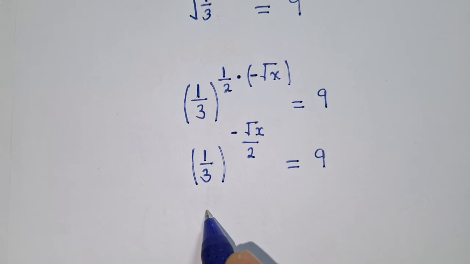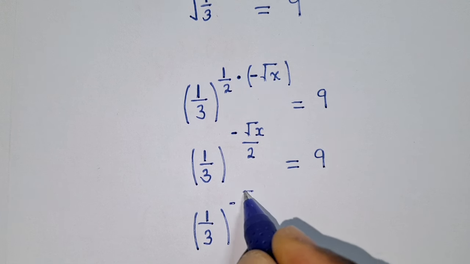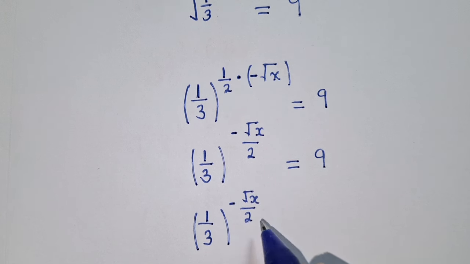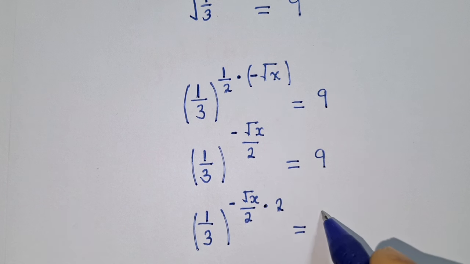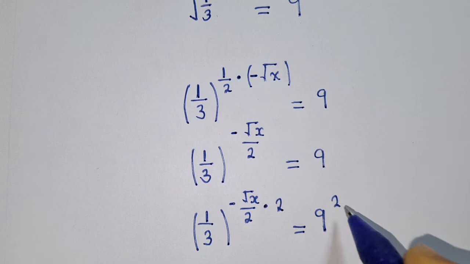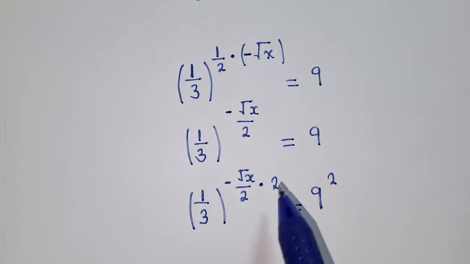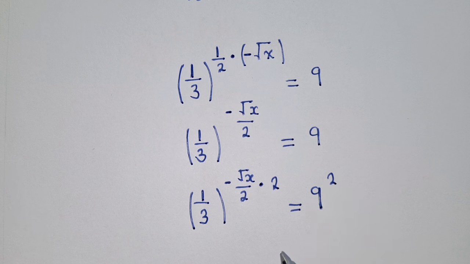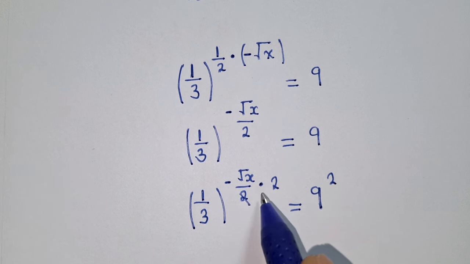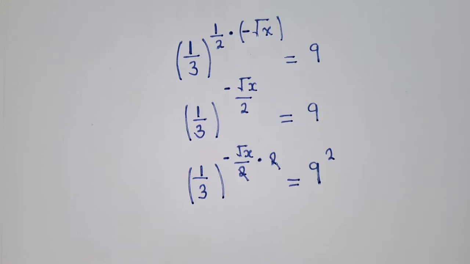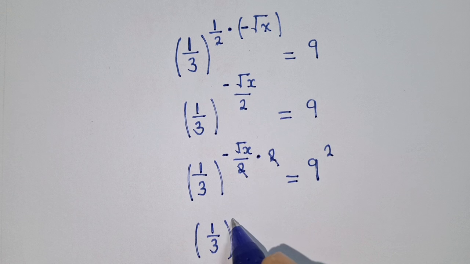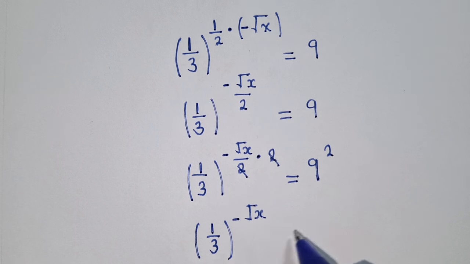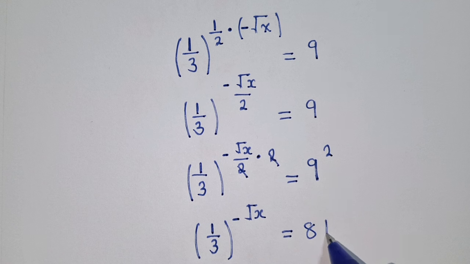So we shall say 1 over 3 power negative square root of x over 2, then we say raised to 2, which is equal to 9 power 2. So I've introduced a power of 2 to both sides, such that this power 2 and the denominator here will cancel. We shall remain with 1 over 3 power negative square root of x, which is equal to 81.